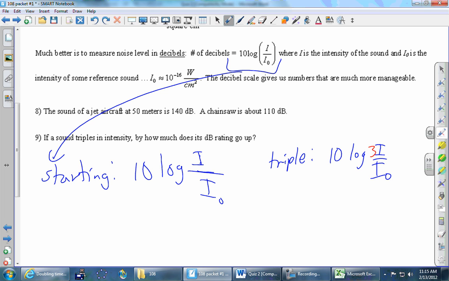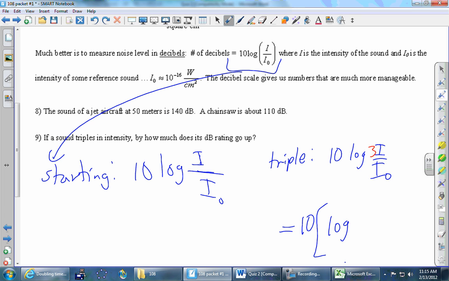All right, same idea as before. We need to use our properties of logs. I'm going to keep that 10 there, and let's deal with this log business. I've got a product. I've also got a quotient. Couldn't I make it sums and differences?